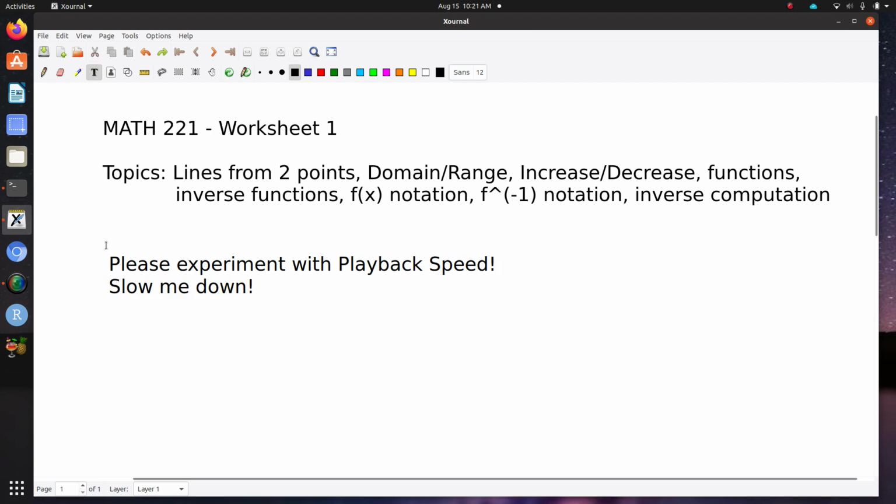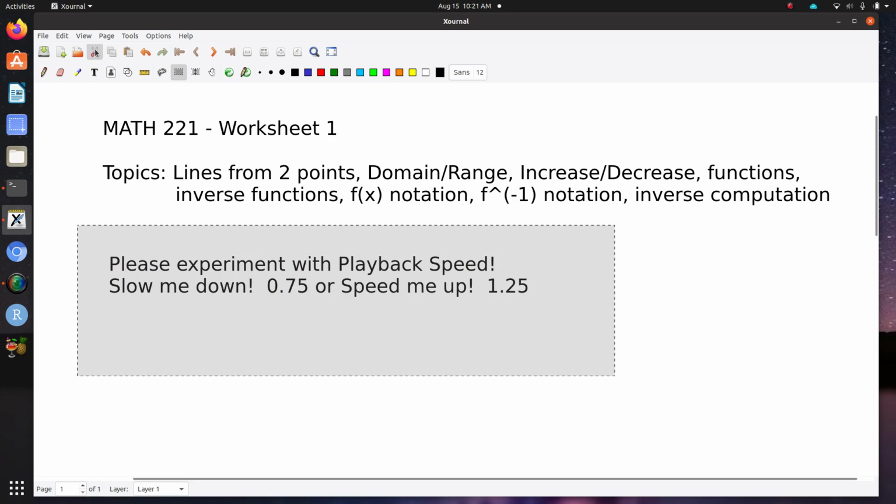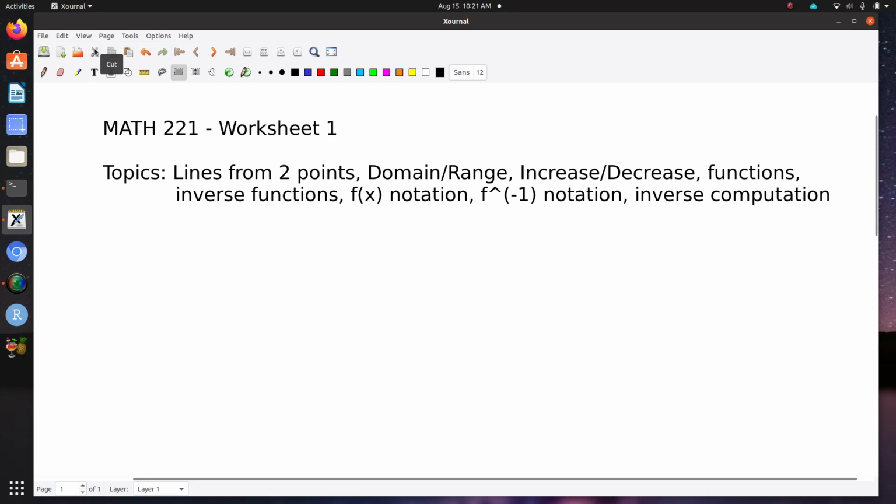You can slow me down to 0.75 speed or speed me up, and I would recommend like 1.25. I would recommend one of those, either normal speed or plus or minus 25% are probably the most useful options for you. And so you will find the speed at which you get the most out of the presentation.